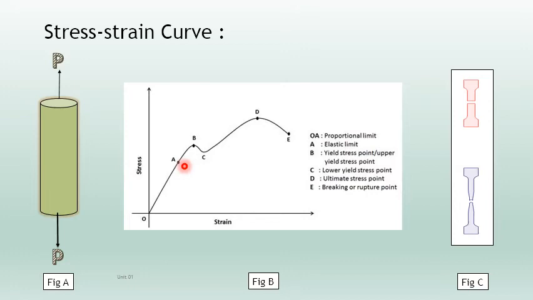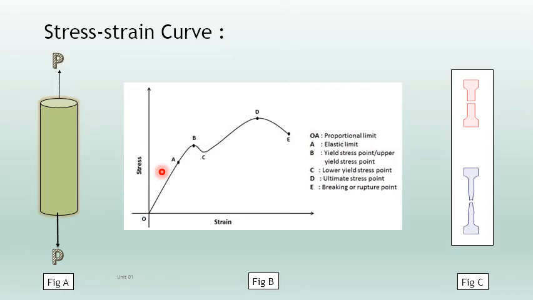When the material is stressed beyond this limit, that is from point A, the strain increases more quickly than the stress. You can see here the deviation from A to B, as strain is increasing more than the stress.